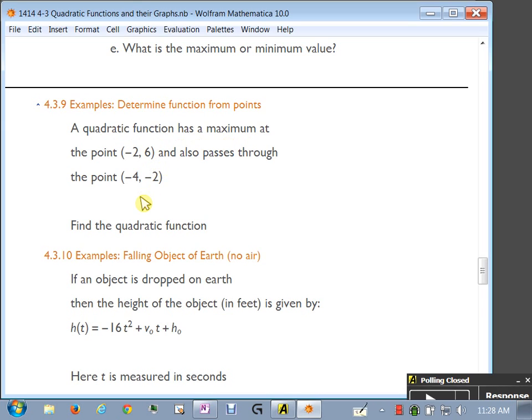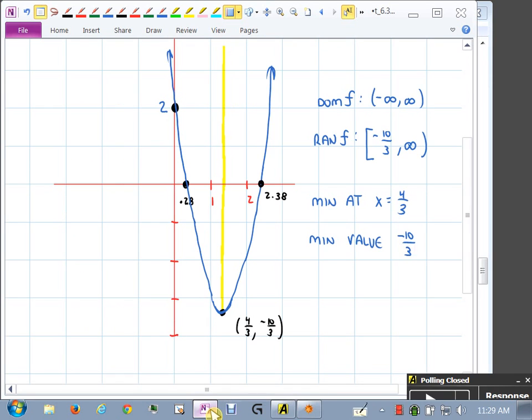Also, it passes through this point. Find that quadratic function. Tell me what the function is. This is much different than what we've done previously, right? I give you information about the function, just 2 points on the parabola, and then you tell me what the actual parabola is.